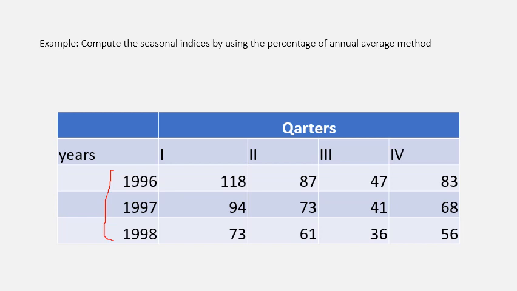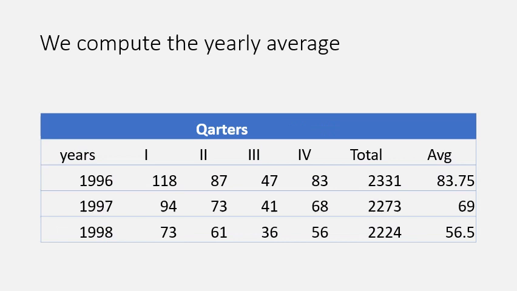Following the procedure I already explained, you can see that I have calculated the yearly average by summing these four values and dividing by 4. We have these averages.